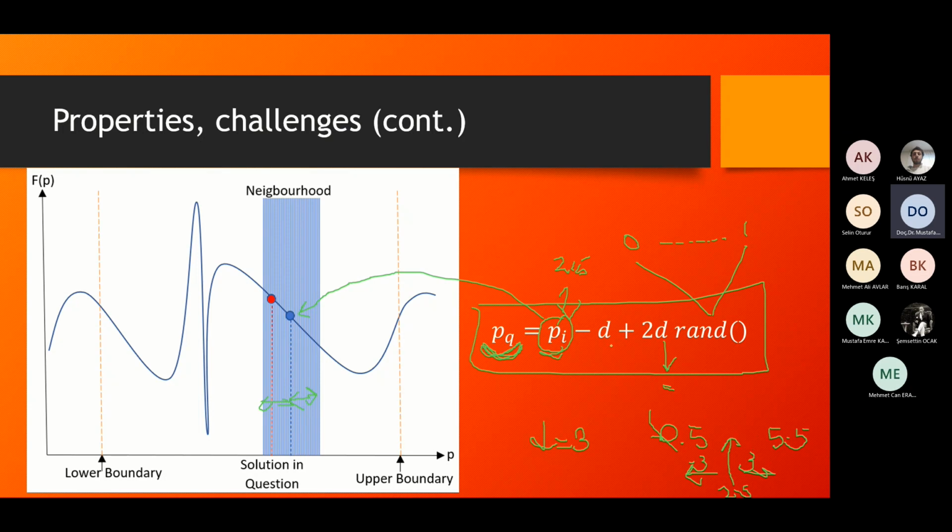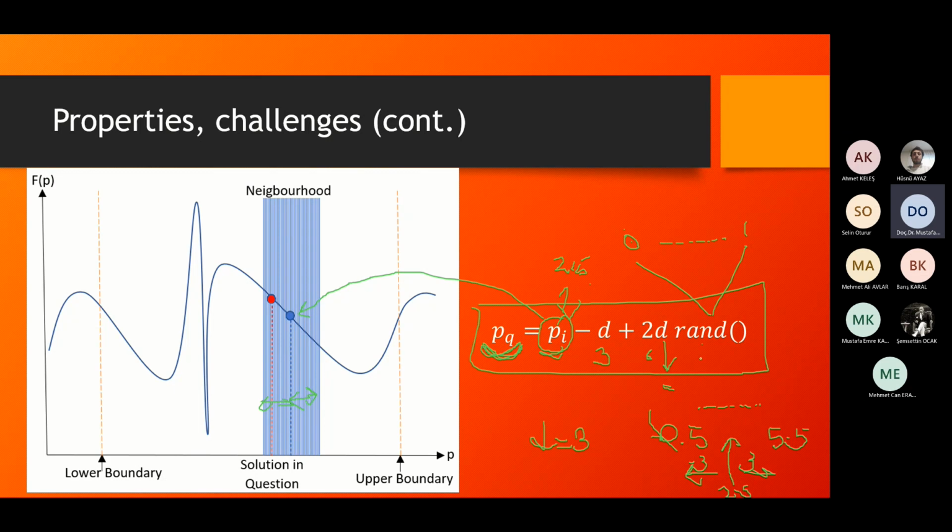And let me check. Since pi is 2.5, d is 3, 2 times 3 is 6, times the random. What is the random value? Let's say at the extremity it is 0, so that will go to 0, and it will be 2.5 minus 3, it will give us minus 0.5, sorry. So any number between this one and, at the other extreme, it will be 1.